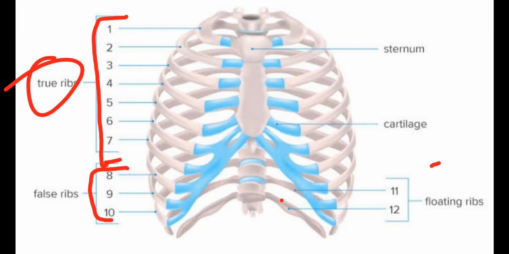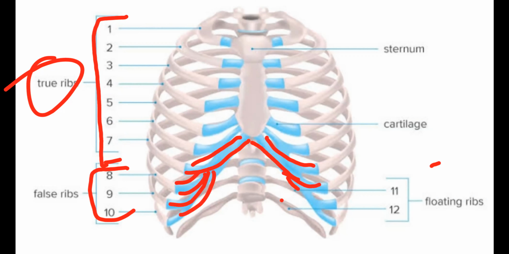Next 3 pairs, 8th pair, 9th pair and 10th pair. These 3 pairs, back side always attached to the vertebral column, but front side में देखो, they are attached not to sternum. They are attached to the cartilage of 7th one. ये जो 7th का cartilage जो जा रहा है ना वहां पे, ये तीनों उसको अटैच हो जाती है.